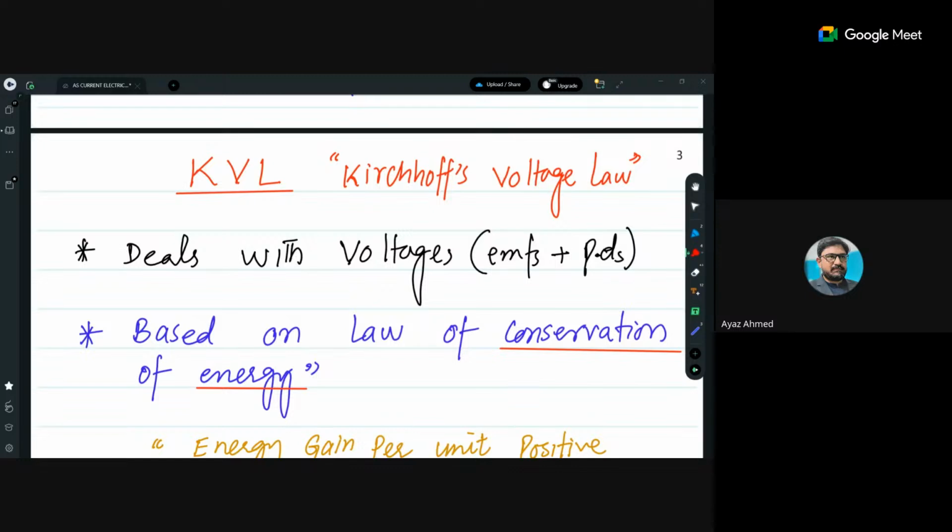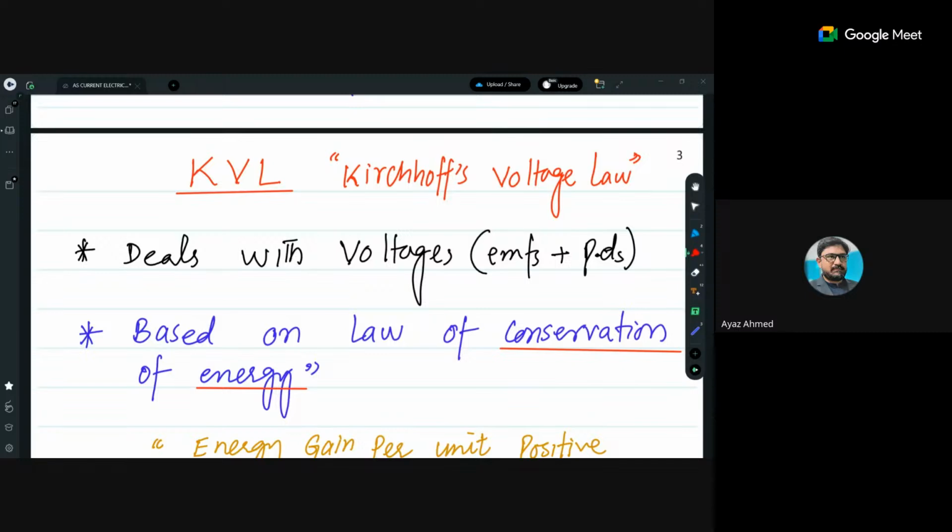So load is the energy consumer and source is the energy producer. Both of these are linked together with the help of this law, which is the law of conservation of energy. That is why we call it the law of conservation of energy, right?